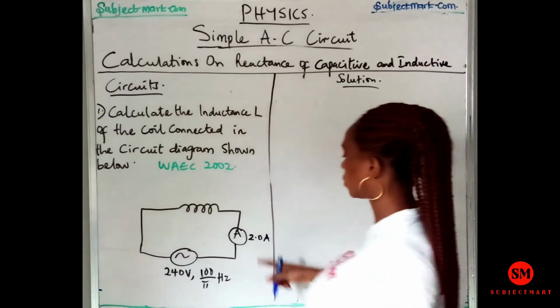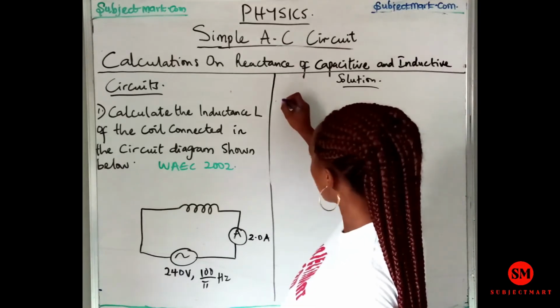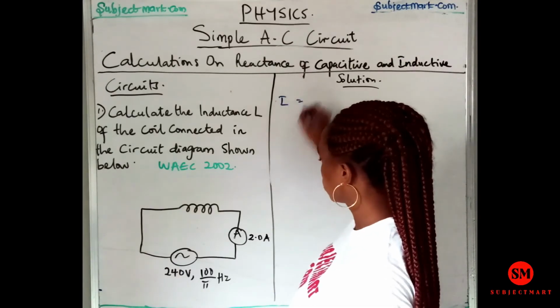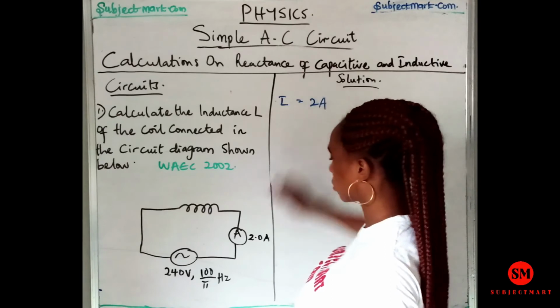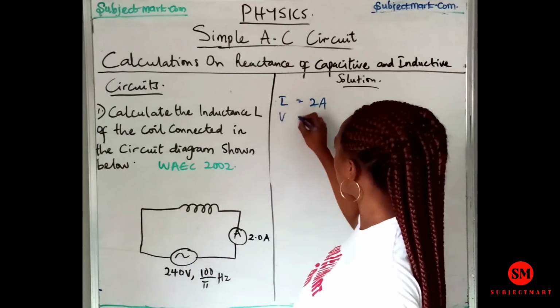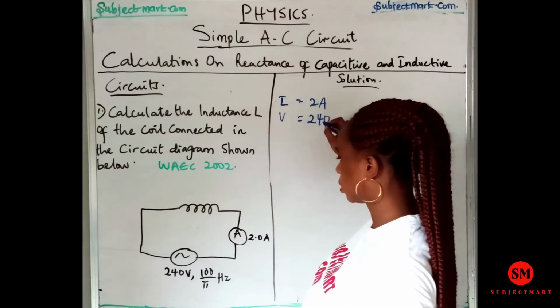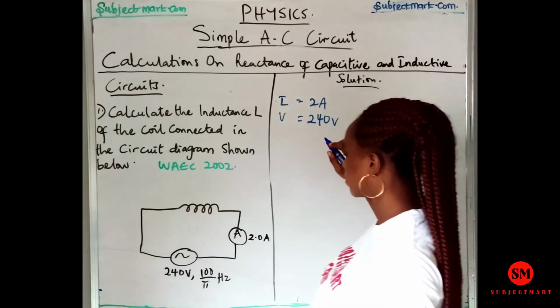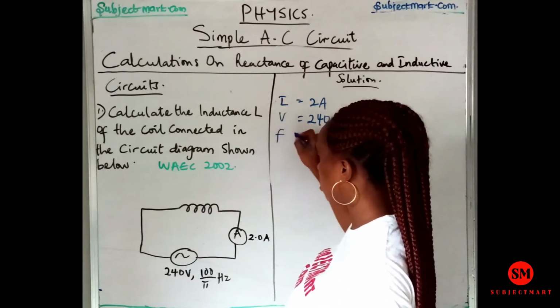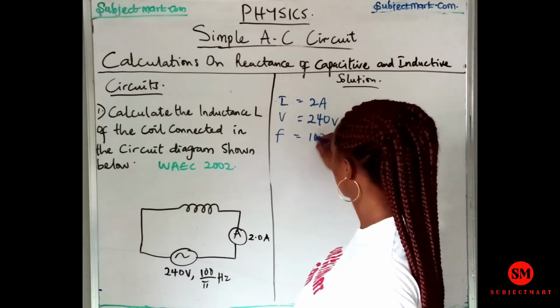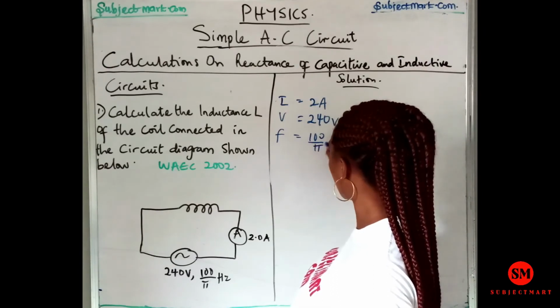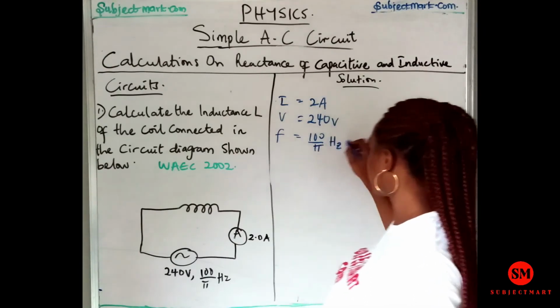So from that diagram, we have our current to be 2 amps. We have voltage to be 240 volts. Frequency is 100 over pi hertz.